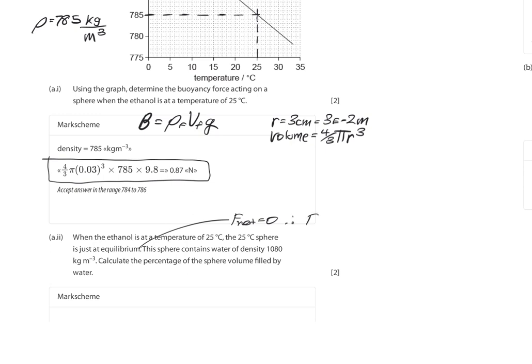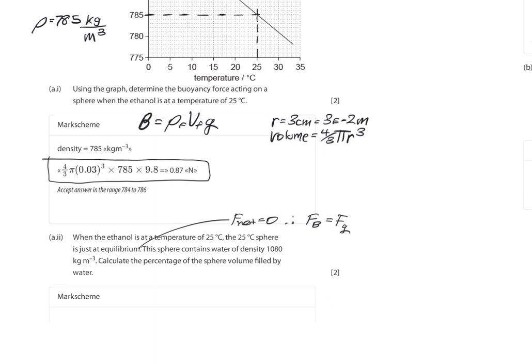That means that the buoyant force upwards is equal to the weight going downwards. There's no drag force because the sphere isn't moving. It's in equilibrium. Or we actually don't know if it's moving. I think we can assume that it's at rest, and that there's not significant drag there.